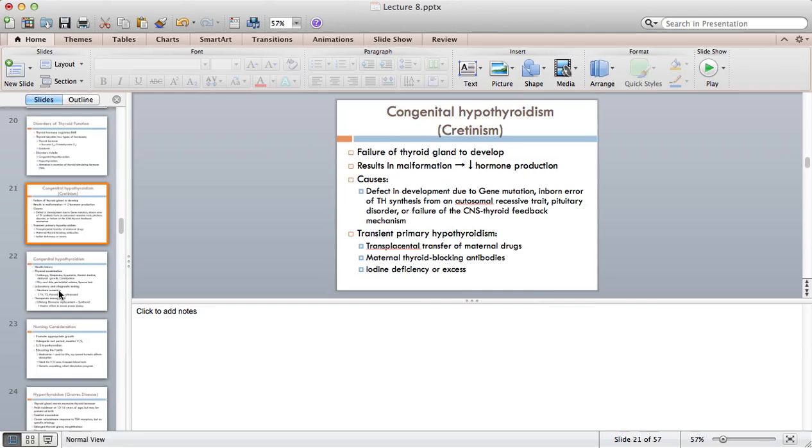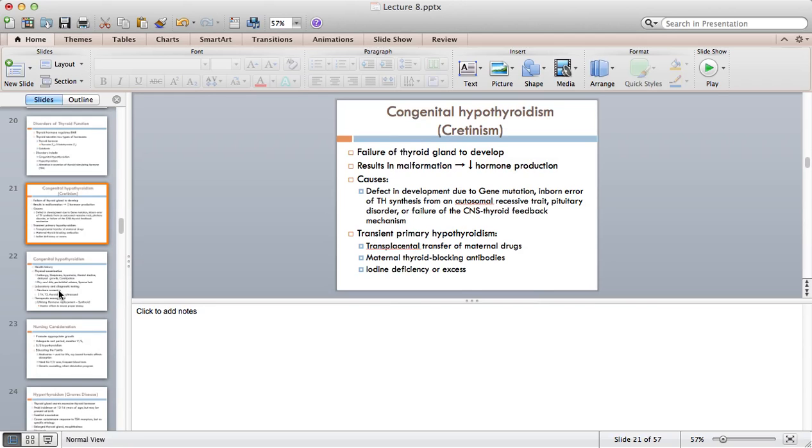When we examine the child, thyroid hormone aids in the metabolism of the body. It helps to maintain the basal metabolic rate. It helps the child to maintain their activity level, their function and their alertness.